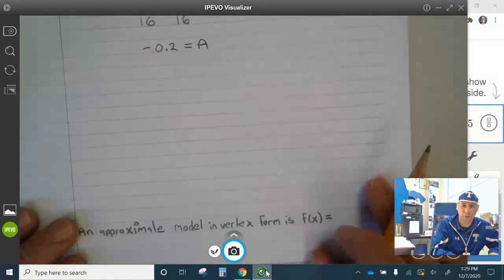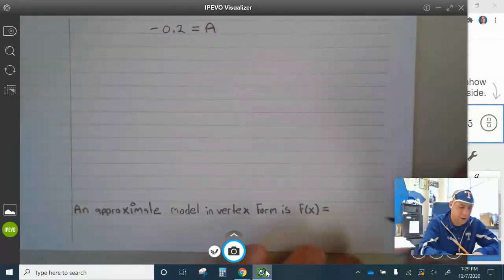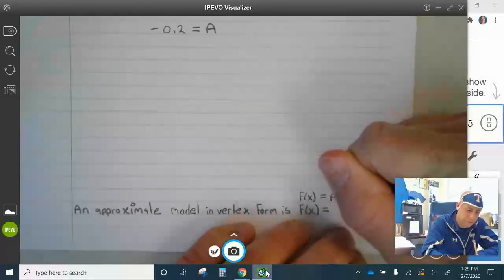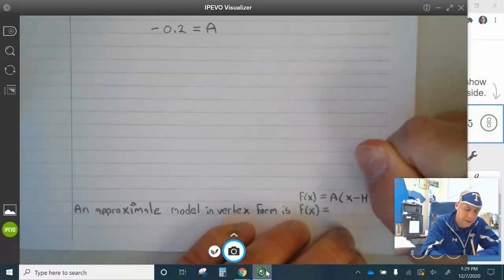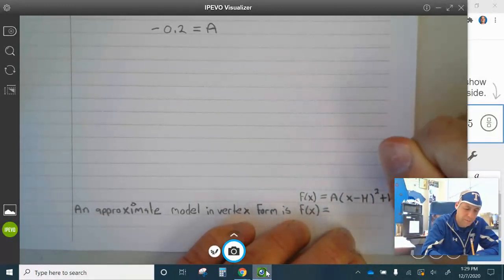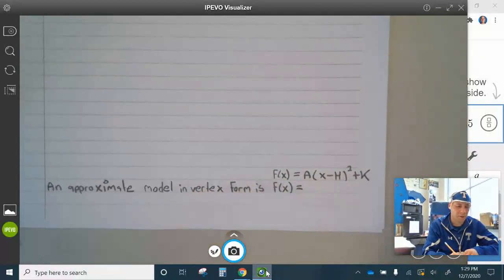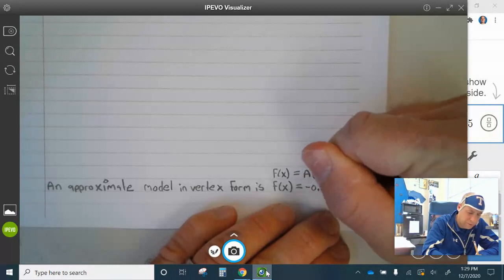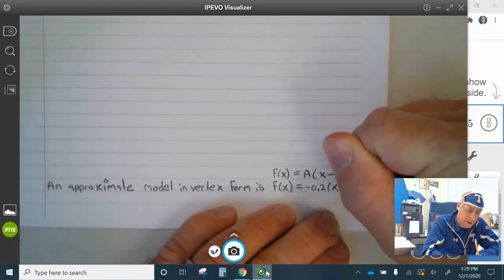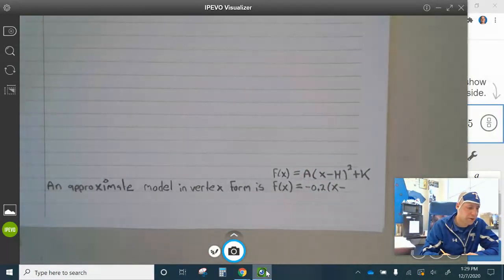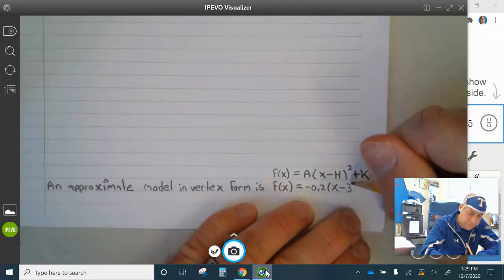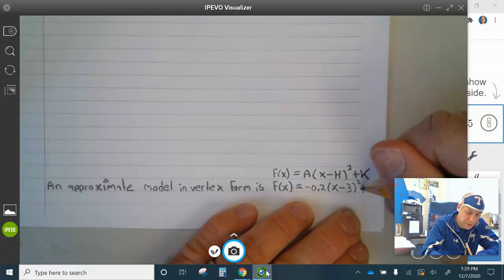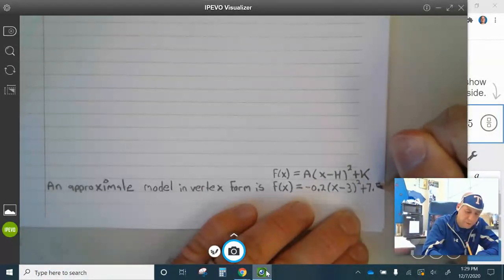We can plug that into the equation. Now, the model, remember, is f of x equals a(x minus h) squared plus k. So our a value is negative 0.2, x minus h, which our h value is 3, squared, and then plus k, which is plus 7.5.